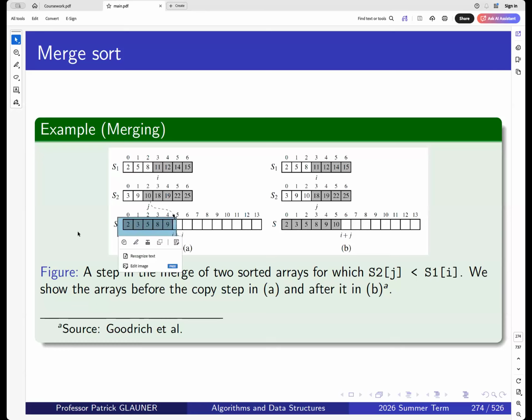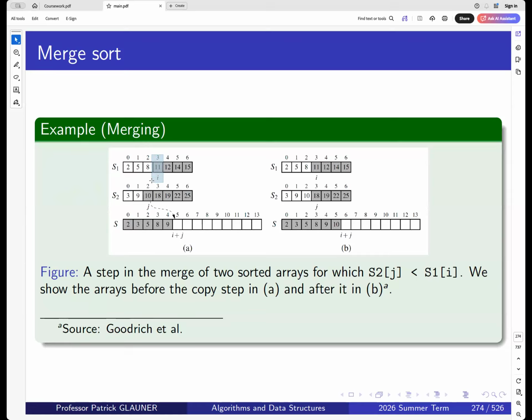They are already in. And now I have a pointer i pointing to index 3, which is the 11, the next element to be assessed in S1. And the next pointer j has index 2, which is value 10. And now I want to take the next element.